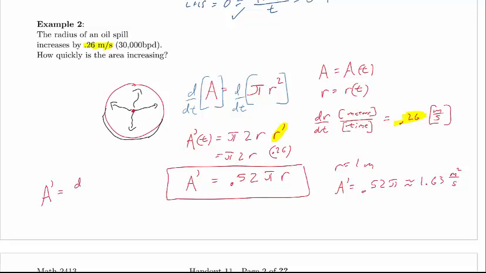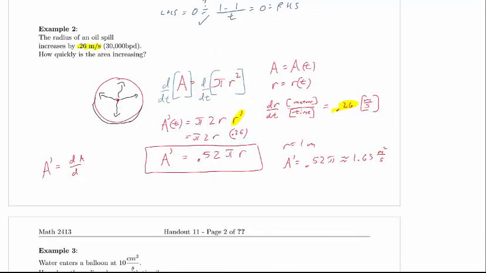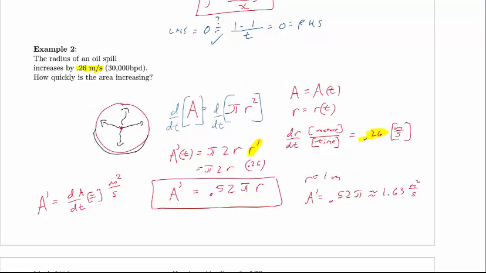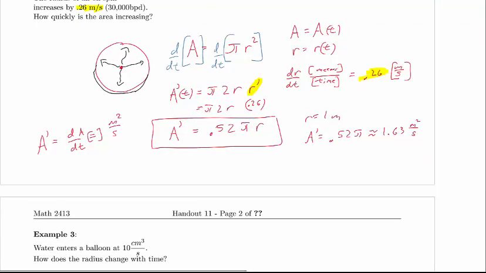Well, that is dA with respect to t. And so what are these in terms of units? Well, that's square meters per second. Okay, so let's go on to the next example.